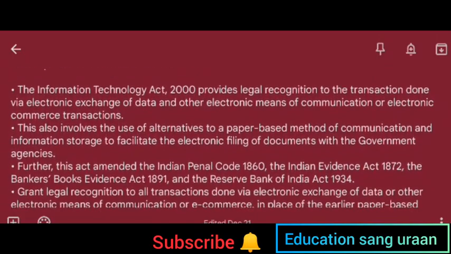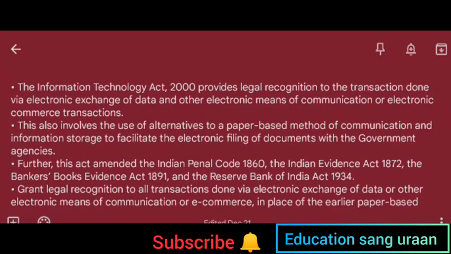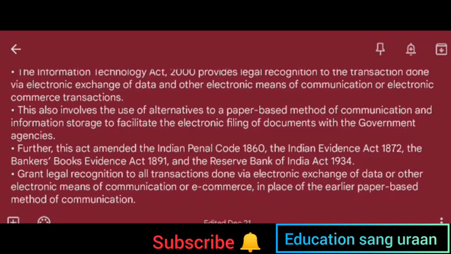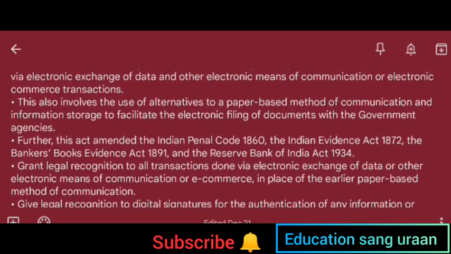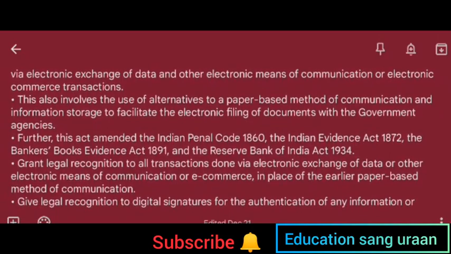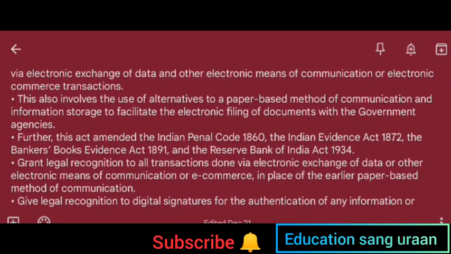The Information Technology Act 2000 provides legal recognition to transactions done by electronic exchange of data and other electronic means of communication, or electronic commerce transactions. This also involves the use of an alternative to paper-based methods of communication and information storage to facilitate the electronic filing of documents with the government agencies.